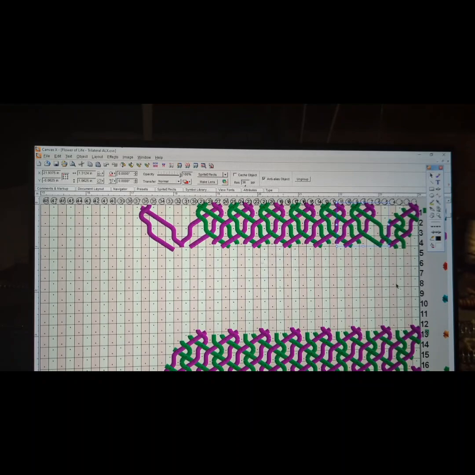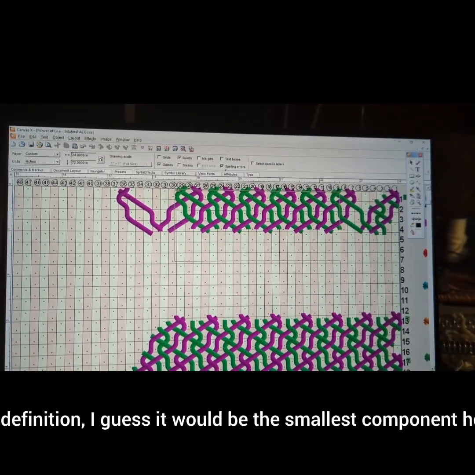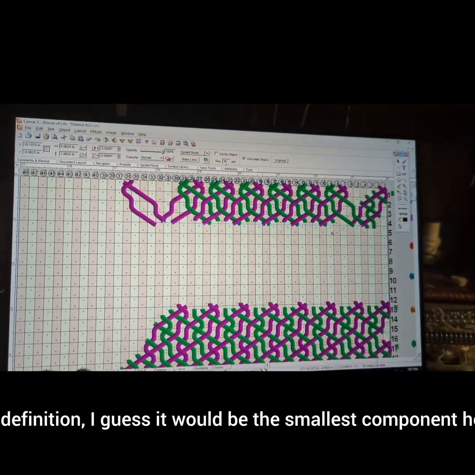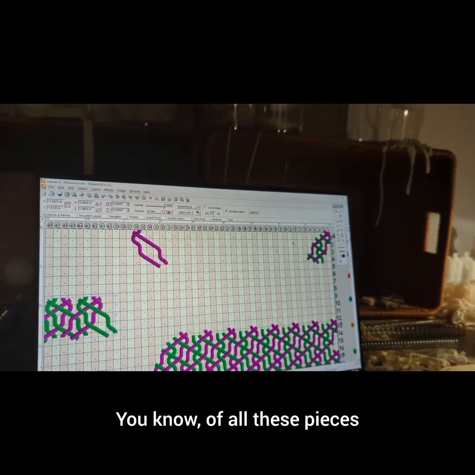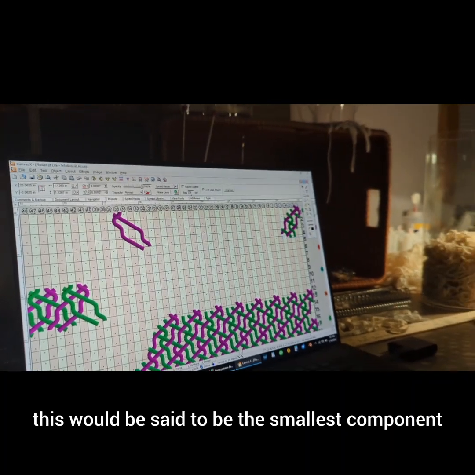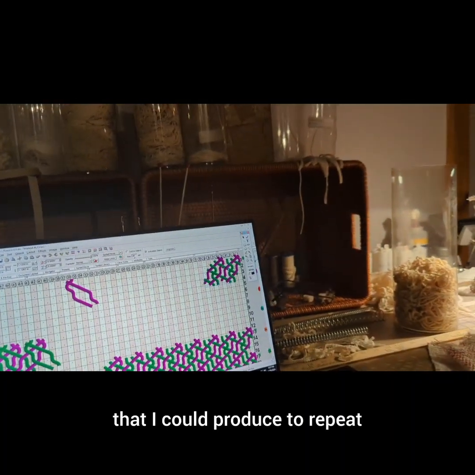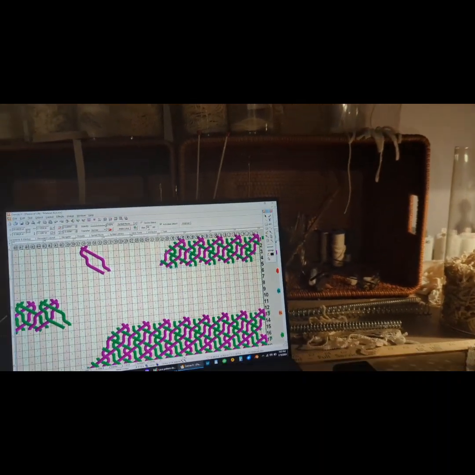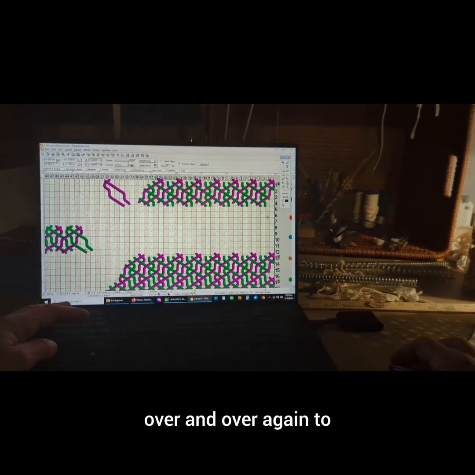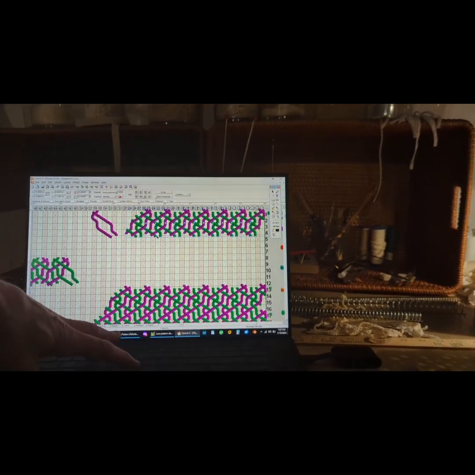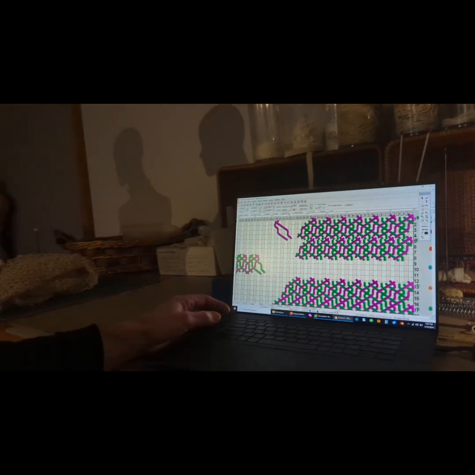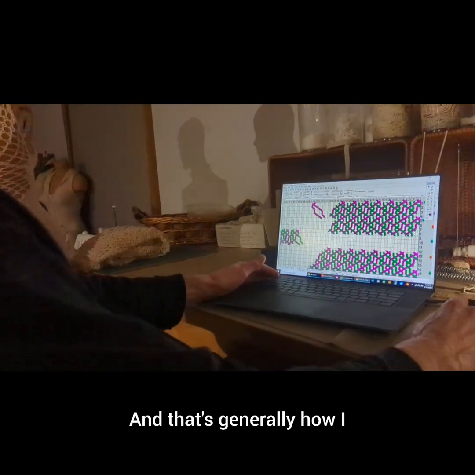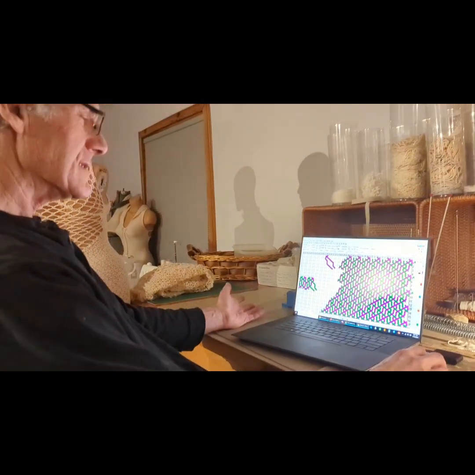So by definition, I guess it would be the smallest component here. Of all these pieces, this would be said to be the smallest component that I could produce to repeat over and over again to produce a repeating pattern.